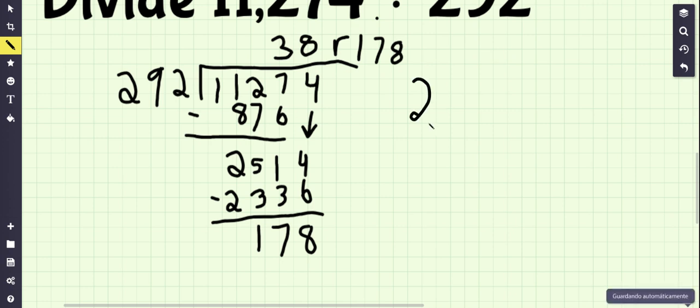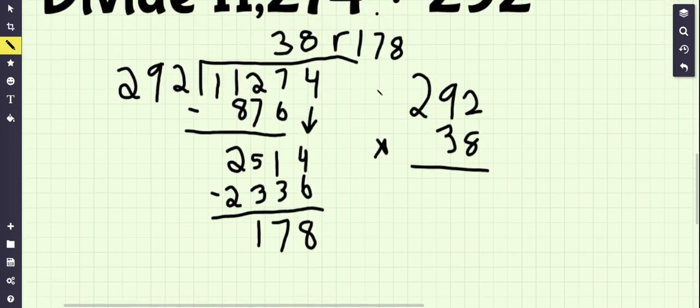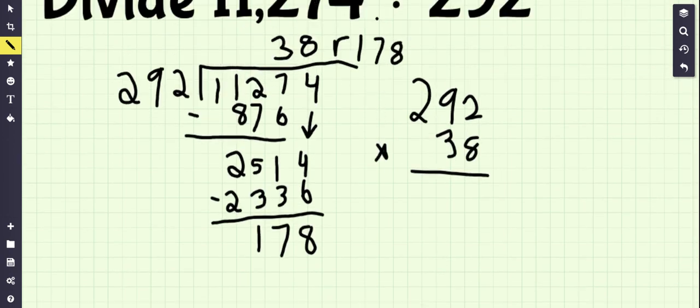Now we can check by multiplying 292 times 38. You start with 8: 292 times 8 is 2,336.